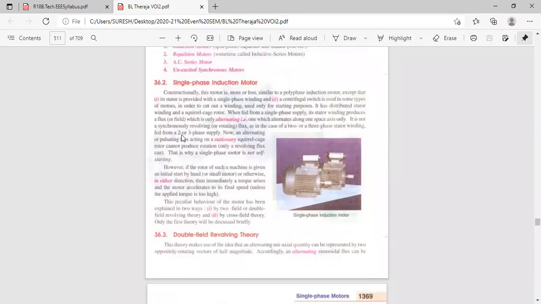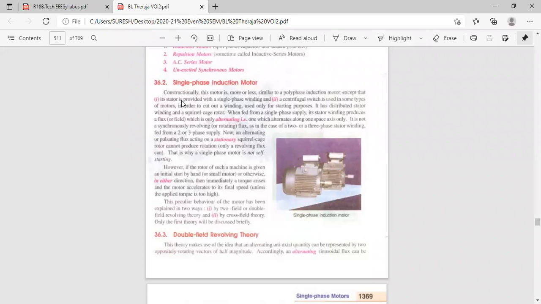Single phase we are discussing. Remember that three phase we have completed. In single phase, we have only one phase. Constructionally, this motor is more or less similar to a polyphase induction motor, except that the stator is provided with a single-phase winding. In a three-phase induction motor, the stator is connected to how many phases?